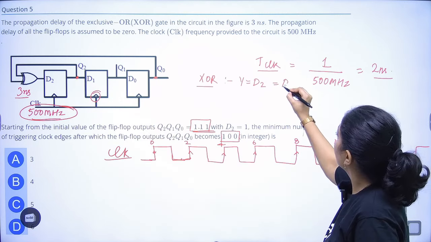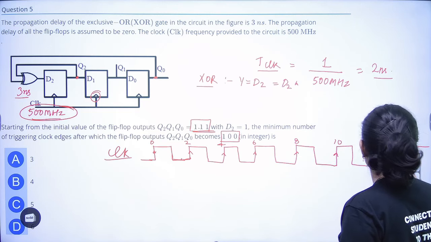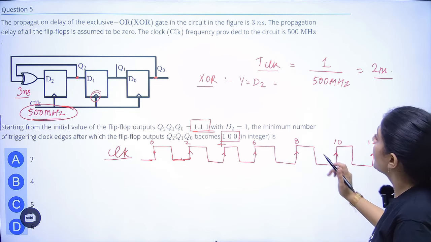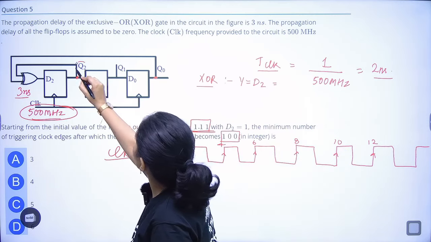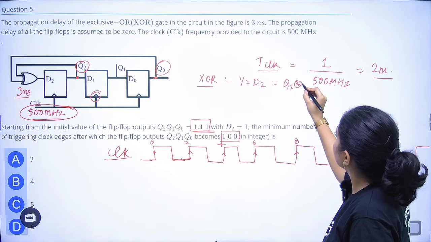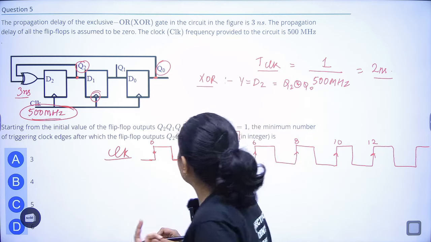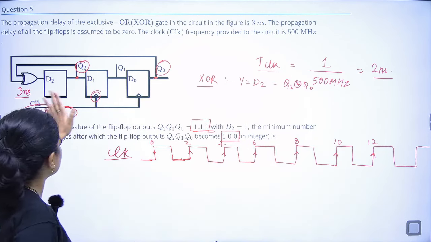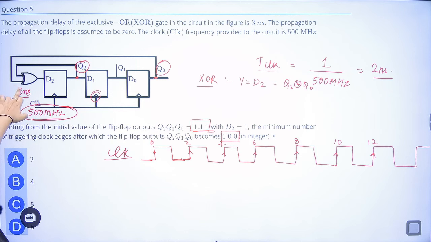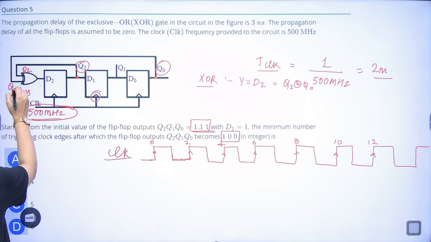So that is Q2 XOR Q0. I hope you all know the truth table for the XOR gate, right? So this is the output of the XOR, which is D2, and the input values of the XOR will be Q2 and Q0.